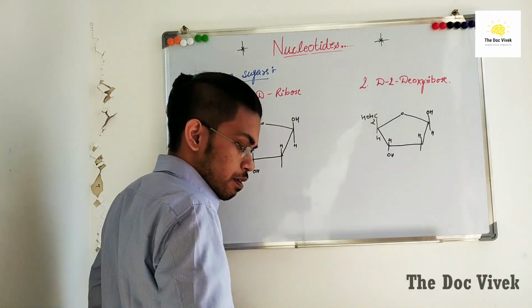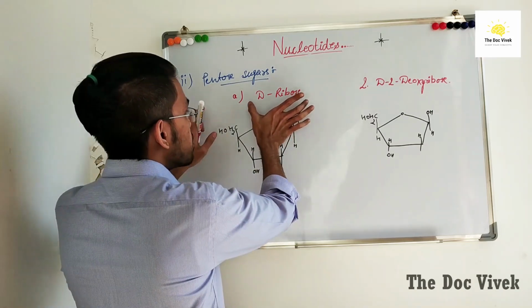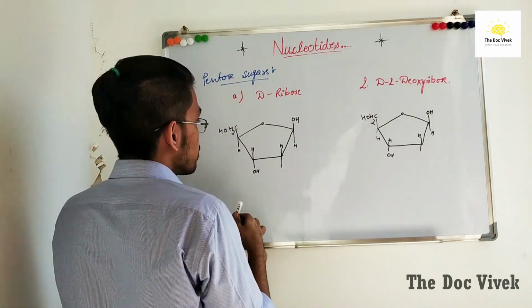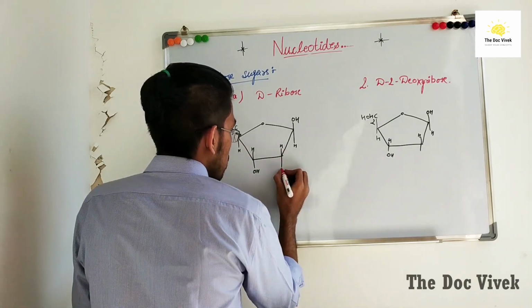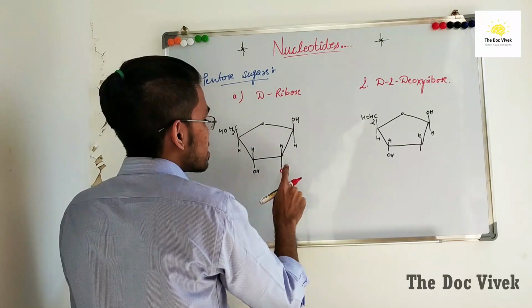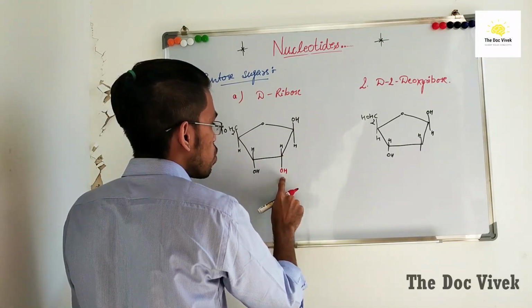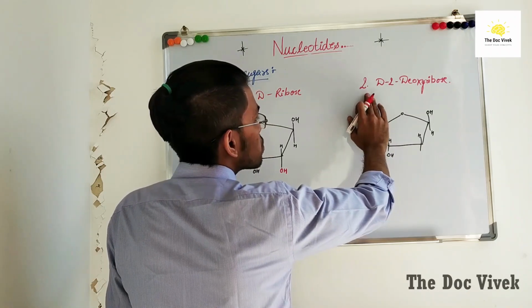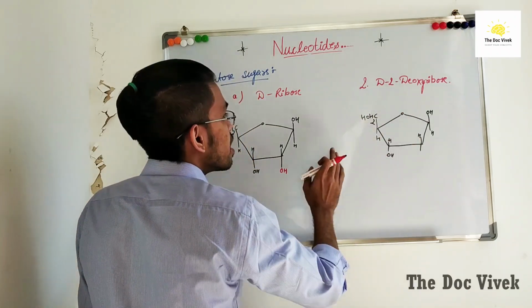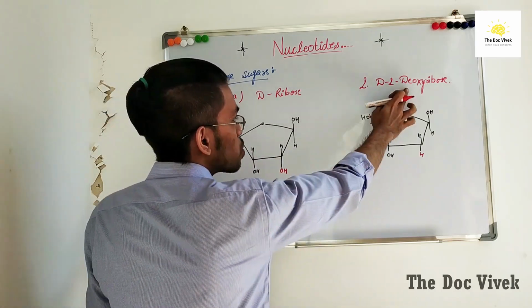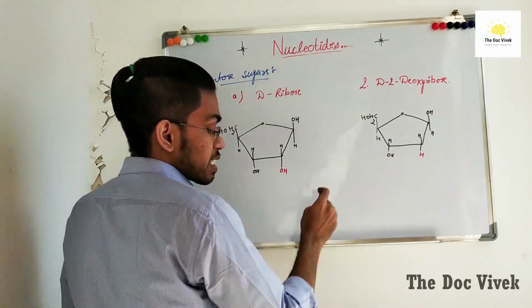The difference between D-ribose and D2-deoxyribose is that ribose sugar has a hydroxy group on the second number carbon, and the deoxyribose has only hydrogen. The oxygen group is absent in deoxyribose at the second number carbon.